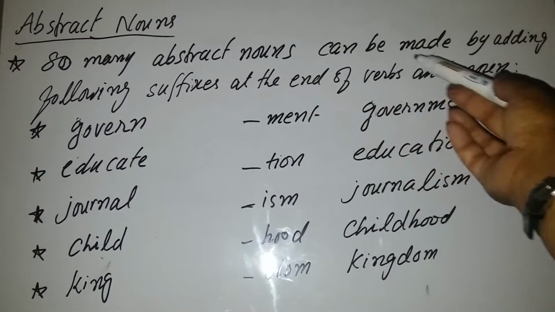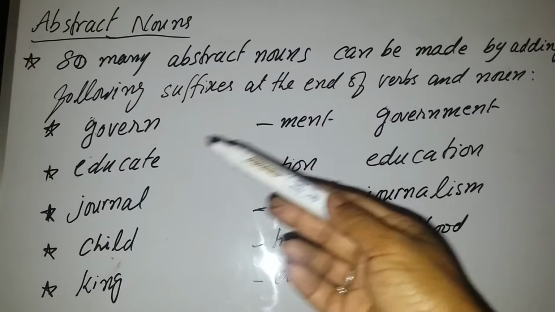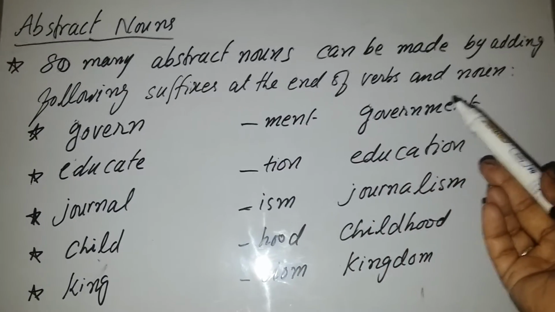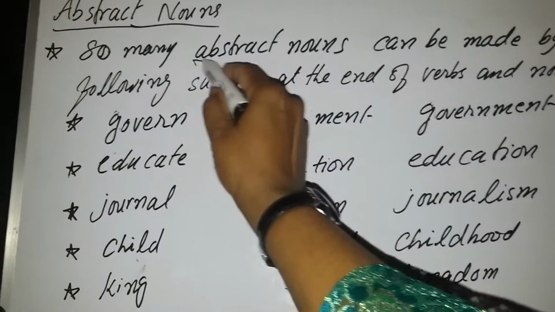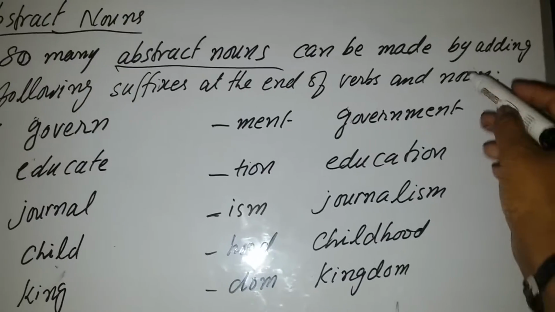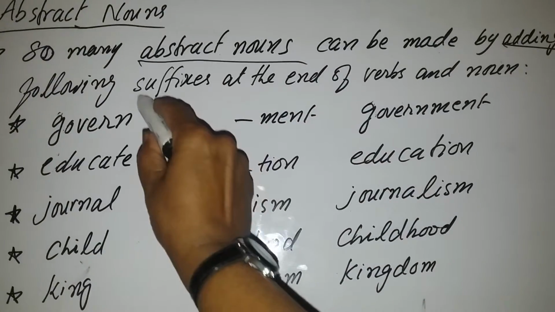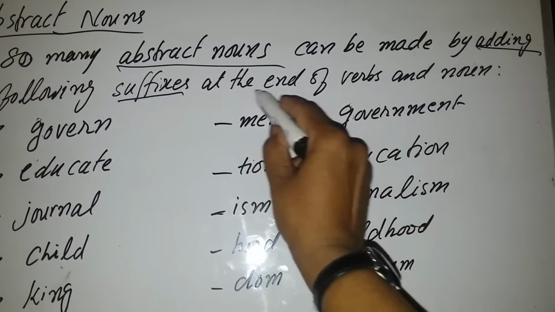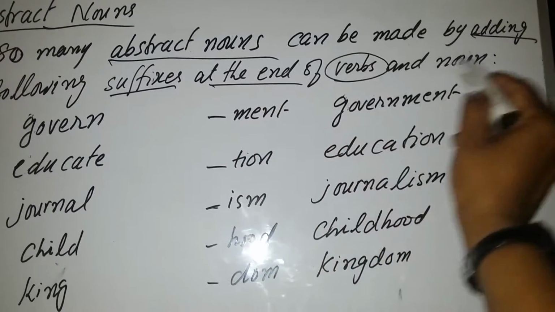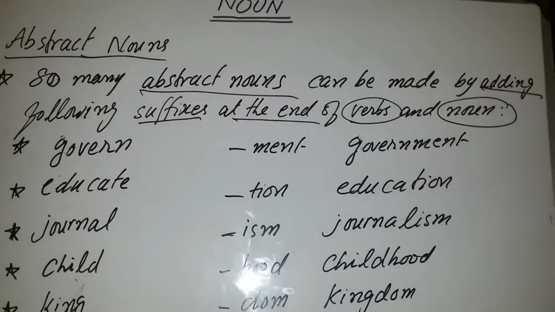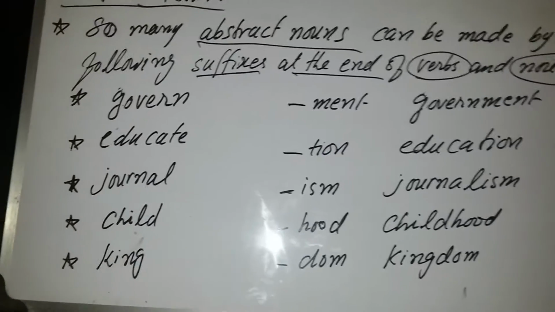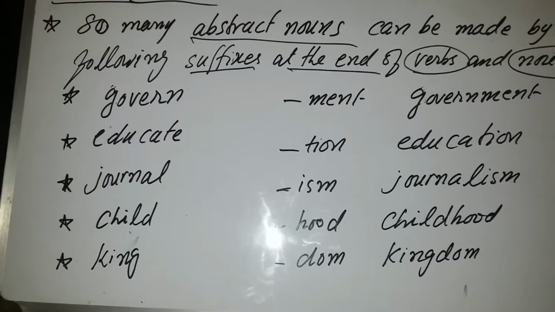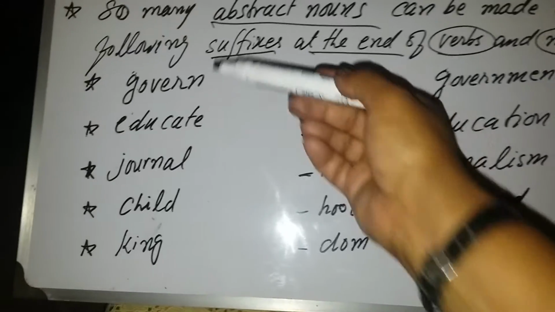Now look at what is written in front of you. So many abstract nouns can be made by adding the following suffixes at the end of verbs and nouns. For example, look at the first list.